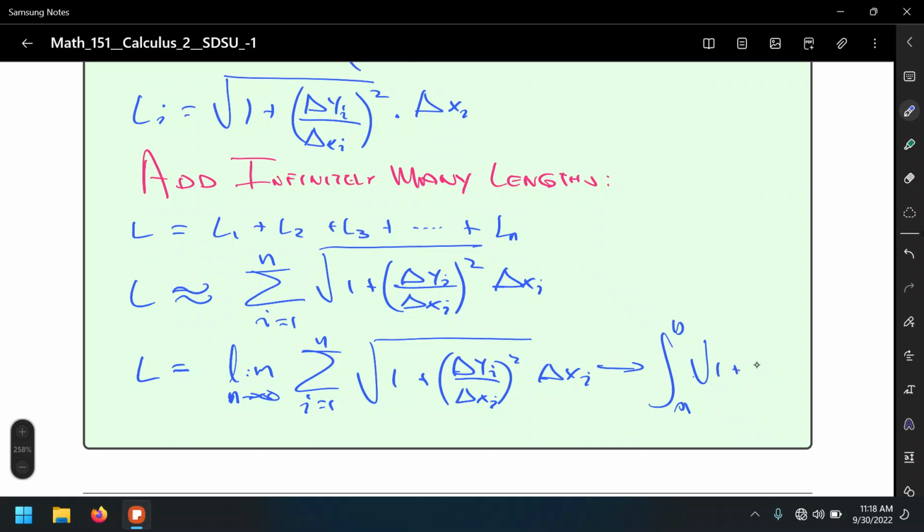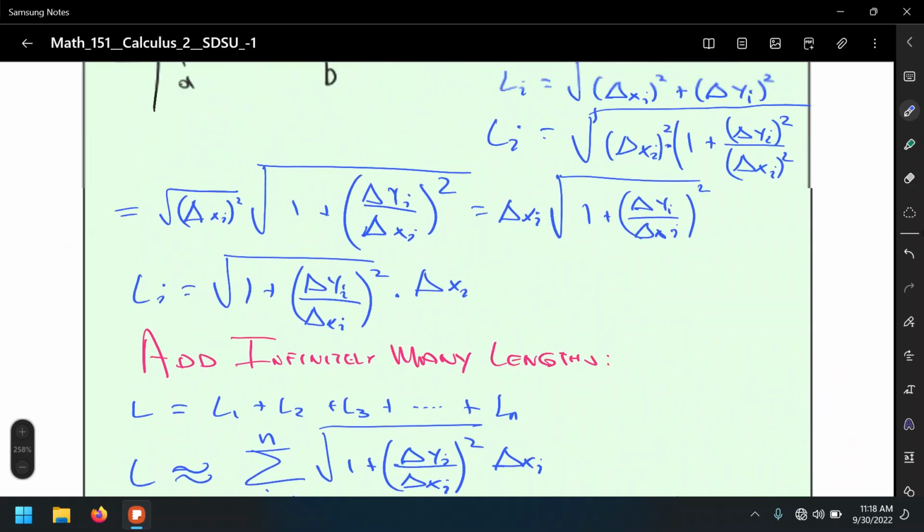Well, actually, let me write it as dy dx, quantity squared, with respect to x. And well, isn't it the same as the formula we had above?